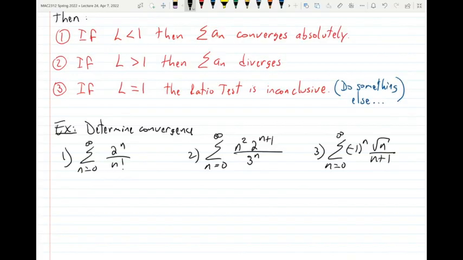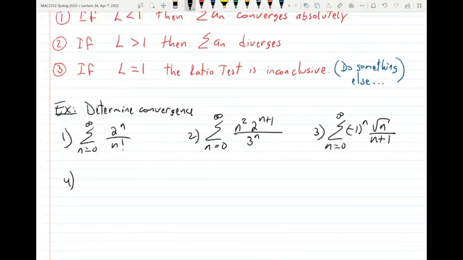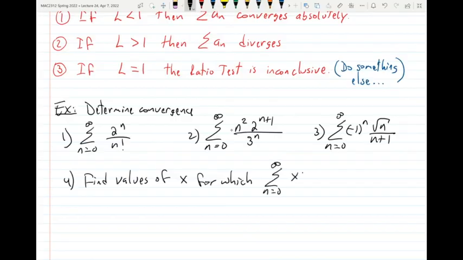Then let me throw in here a number 4. Find values of x for which this series converges.